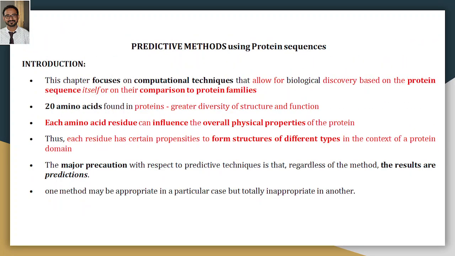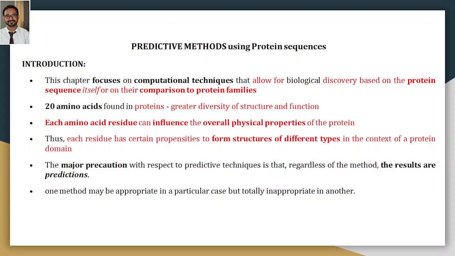Yes, introduction. The entire chapter, or module, focuses on the computational techniques that allow biological discovery based on the protein sequence itself or on their comparison to protein families. Whatever we discussed in the previous topic also comes under this. So 20 amino acids are found in proteins, giving a greater diversity of structures and functions.